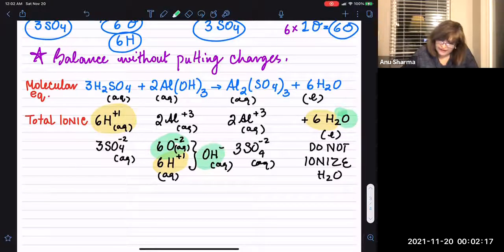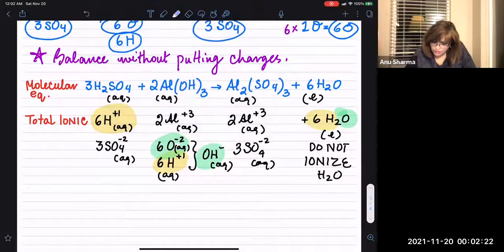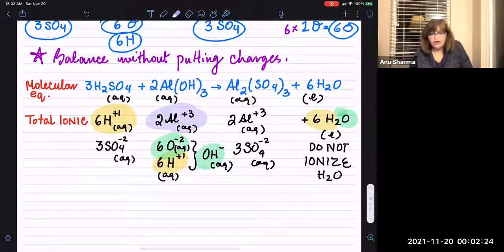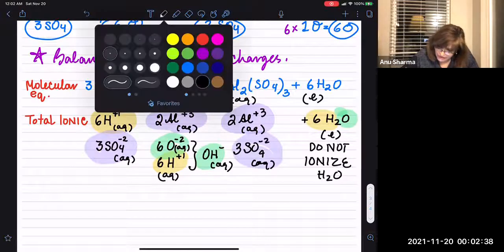Okay. Next is, look at this. 2 aluminums are aqueous on the reactant side, and 2 aluminums are aqueous on the product side, spectator ion. 3 sulfates aqueous on the reactant side, and 3 sulfates aqueous on the product side. Okay, so what do we see here now?